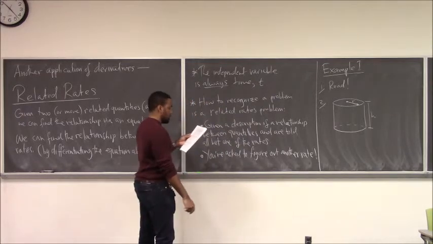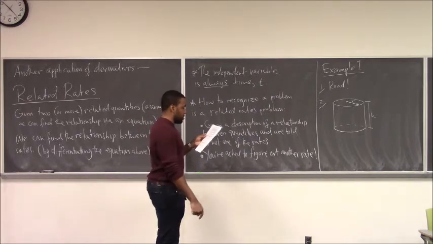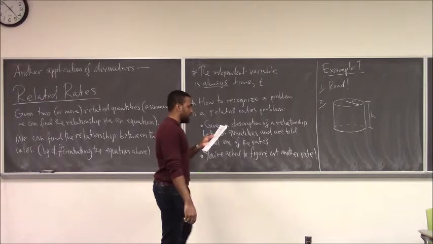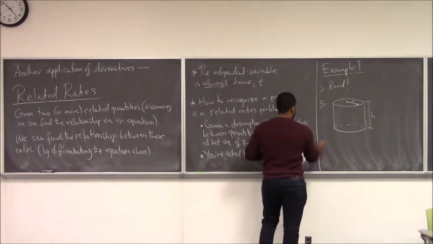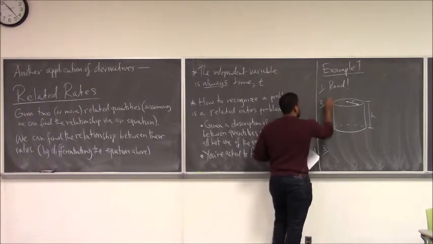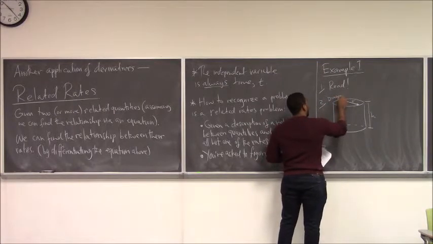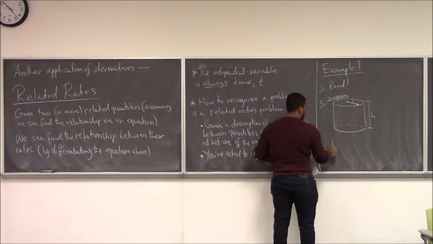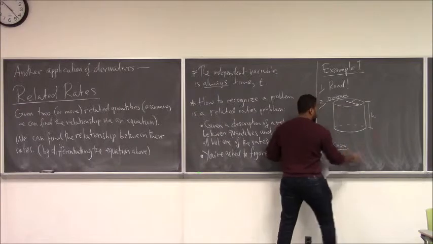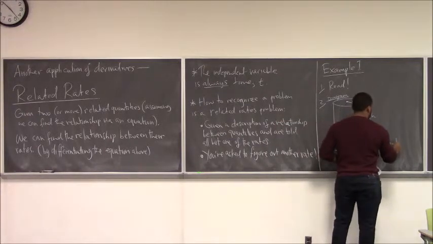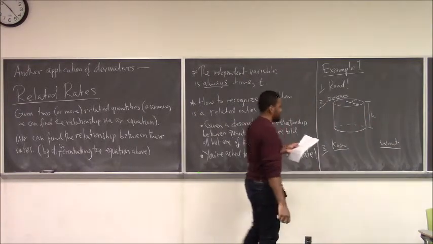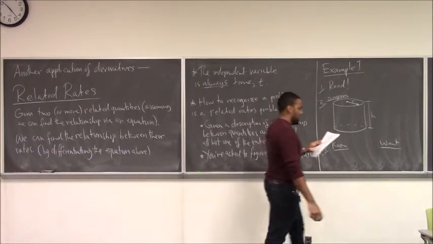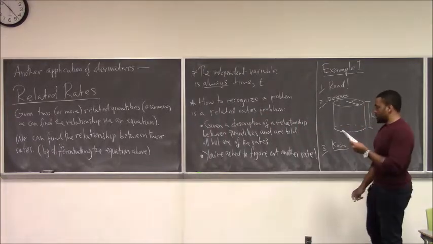Now that diagram is supposed to start conjuring up familiar formulas from high school geometry. You would then move on to step 3. So step 2 was the diagram. Step 3, right now what do we know and what do we want? So far, I know the radius is increasing at 1.